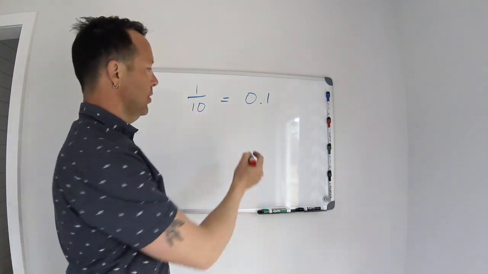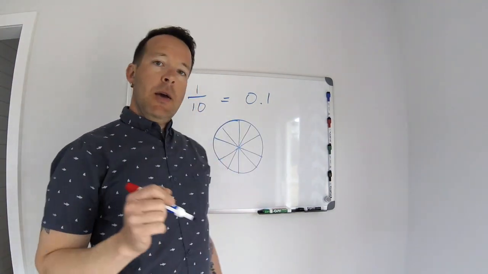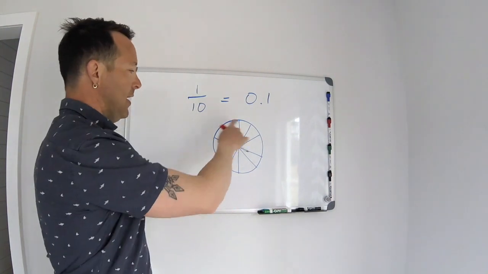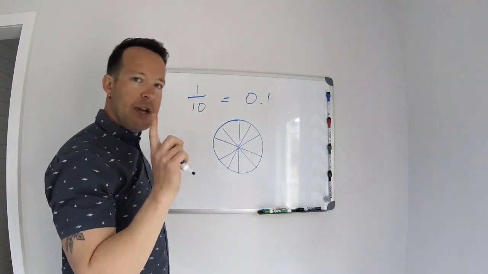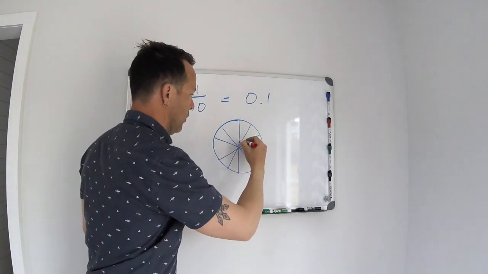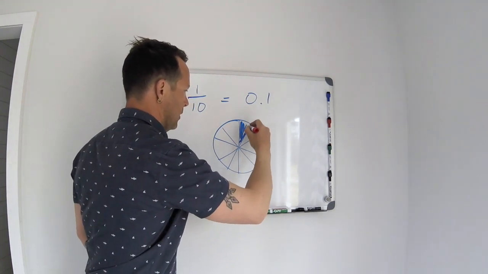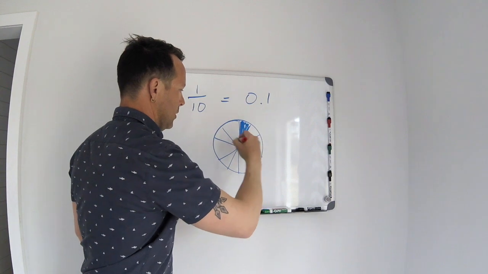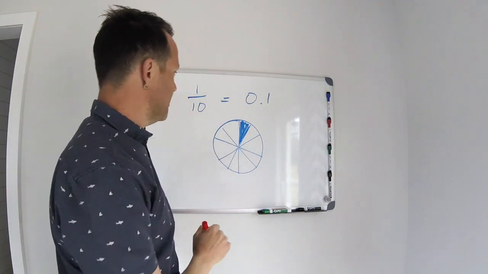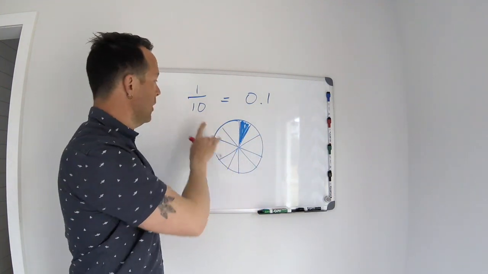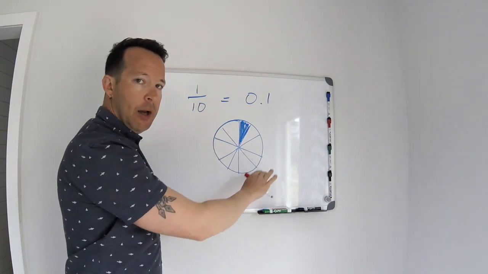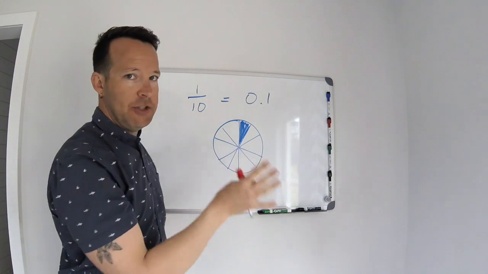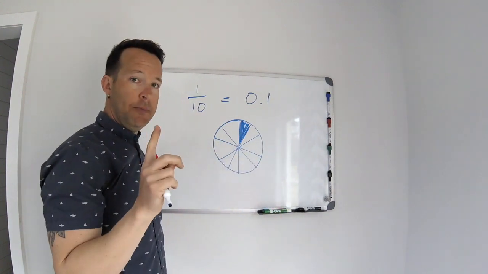So they show you a picture of a circle. We have 10 equal pieces, and our fraction tells us that we're going to shade in one of those pieces. So let's just pick one to shade in. We've shaded in one piece of our pie, 1/10. Now, if we look at the whole pie, 10 over 10, all the pieces equals 1.